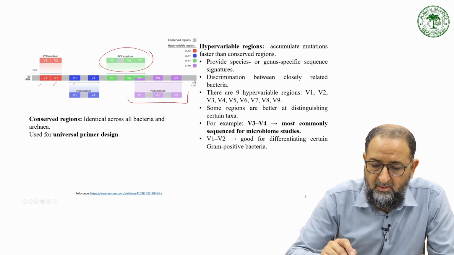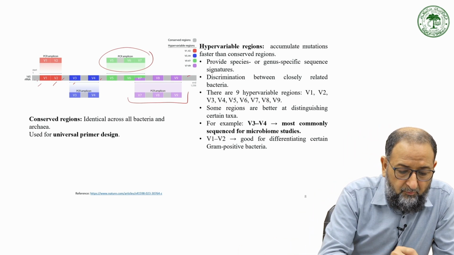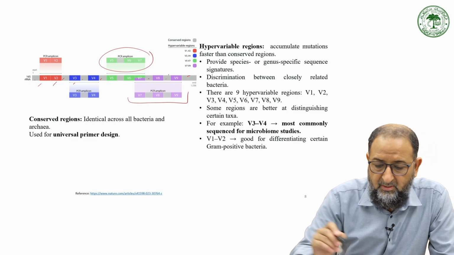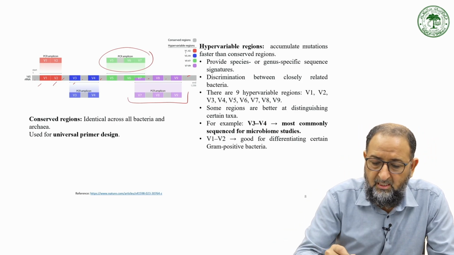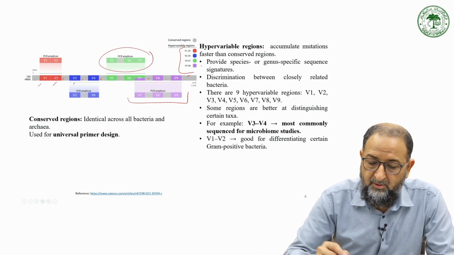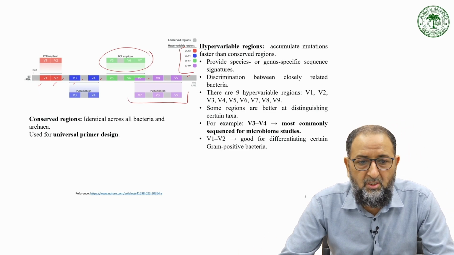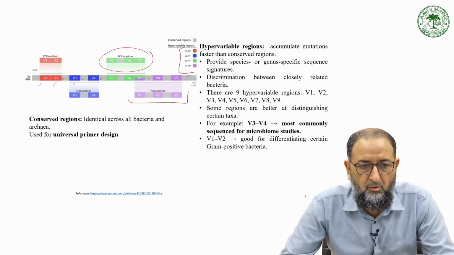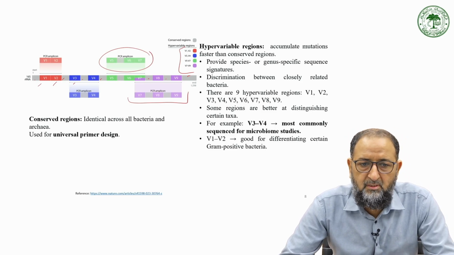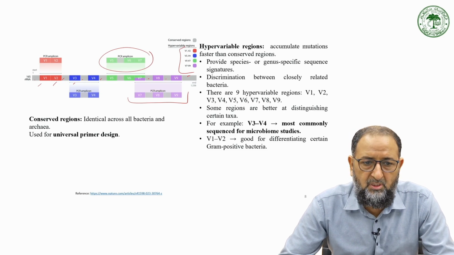So suppose these are all conserved regions, 1, 2, 3, 4, 5, 6, 7. These are conserved regions, and these are the hypervariable regions, V1, V2, then V3, V4, V5, V7, and V9. Now, what does the hypervariable region mean? Basically, conserved regions are identical across all bacteria and archaea and use the universal primer.